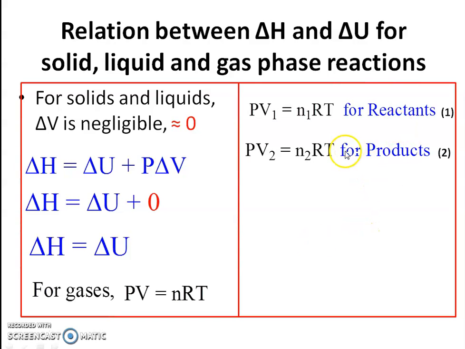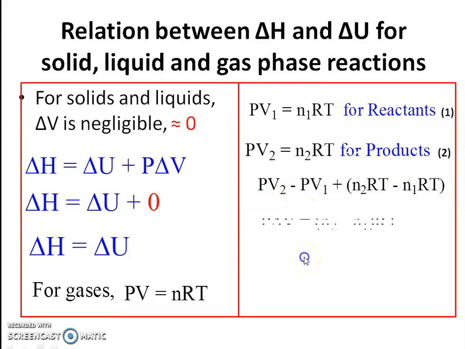Now subtracting equation 1 from equation 2, we get PV2 minus PV1 is equal to n2 RT minus n1 RT. Now PV2 minus PV1 is P delta V. This is equal to n2 minus n1 into RT.